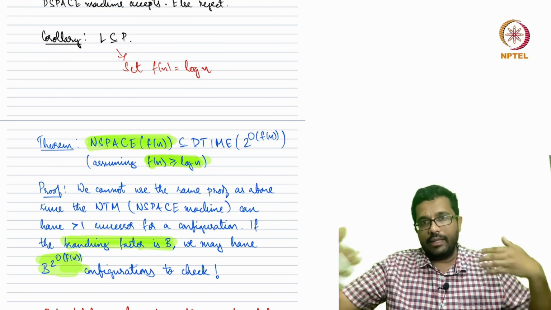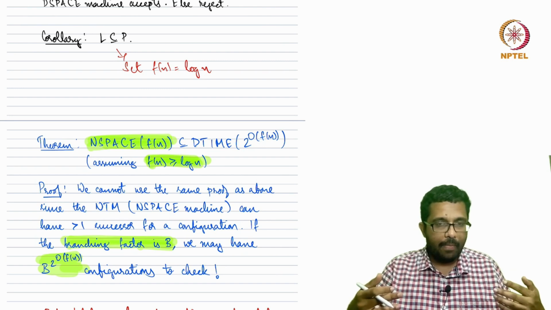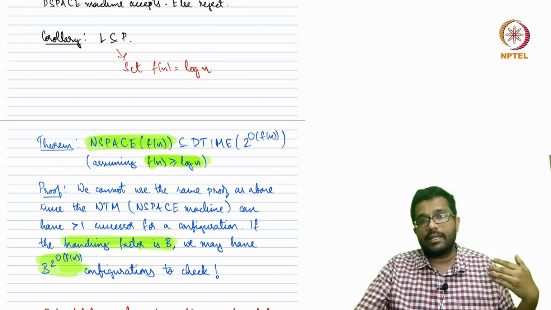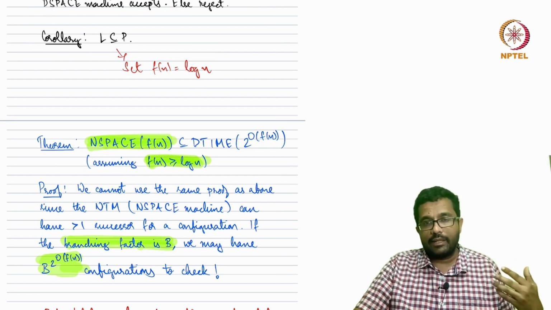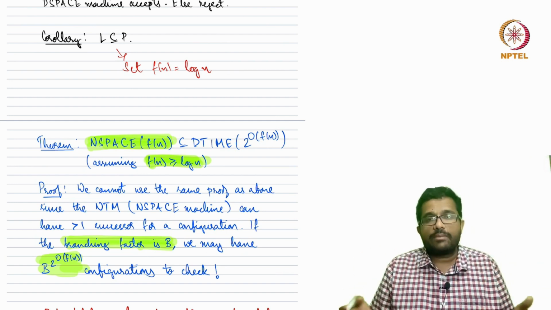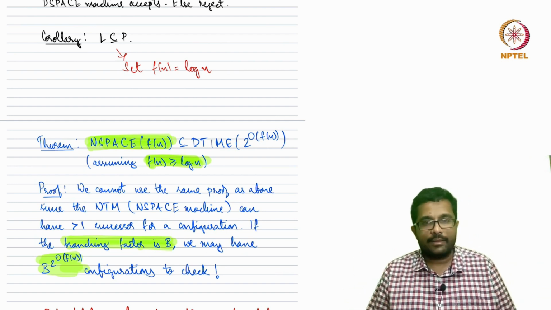We have a tree of height f(n), with 2^O(f(n)) configurations, so the tree could be as big as 2^O(f(n)) size, and each configuration can have as many as b children.